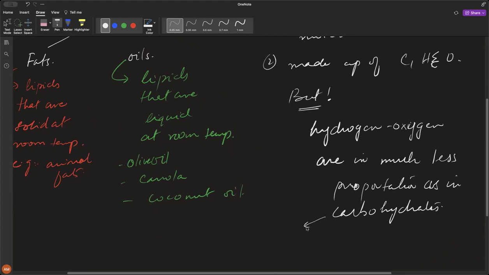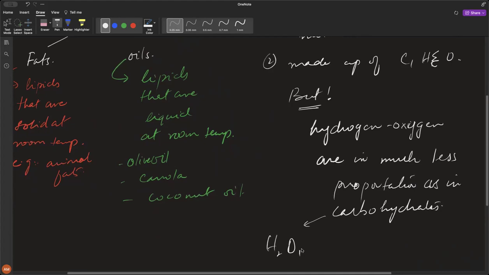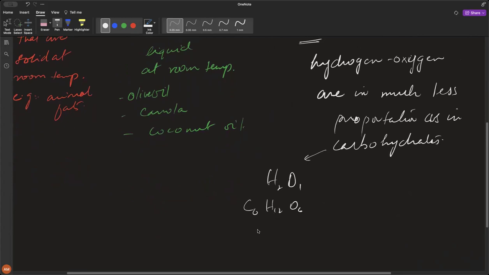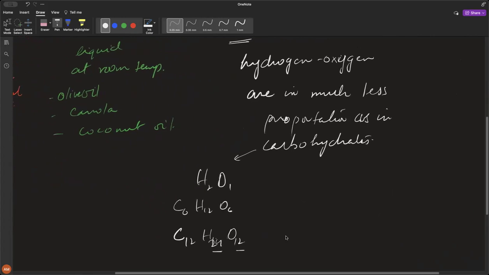Right? For carbohydrates, we studied that they are present in 2:1 ratio. Like it's C6H12O6, or you can say it's C12H24O12, always in 2:1 ratio, no matter what. But for lipids, this is not the case.